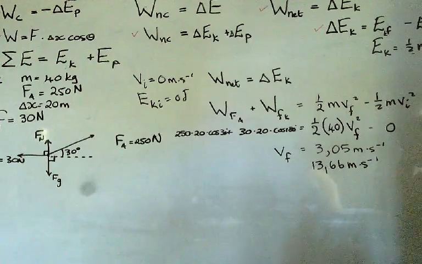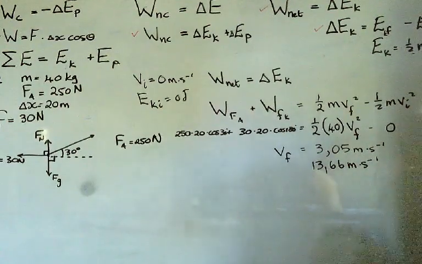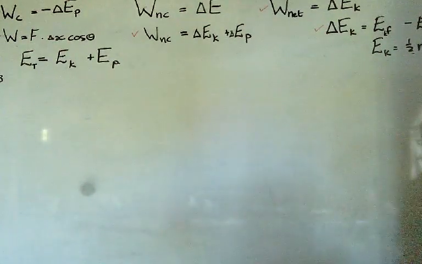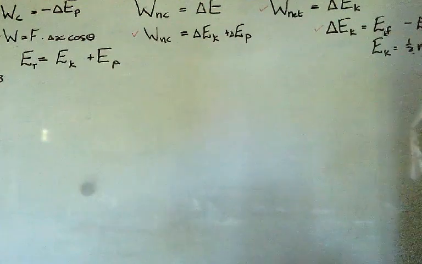Number 3. WC is the conservative forces, and the WNC is the non-conservative forces, and the sum of energy is mechanical energy. And then the delta EK, which is the change in kinetic energy.